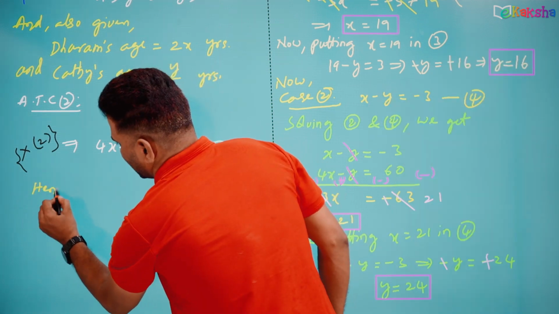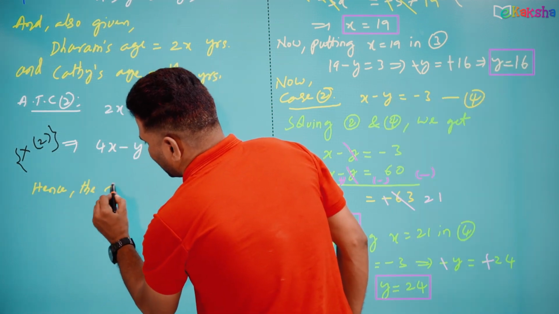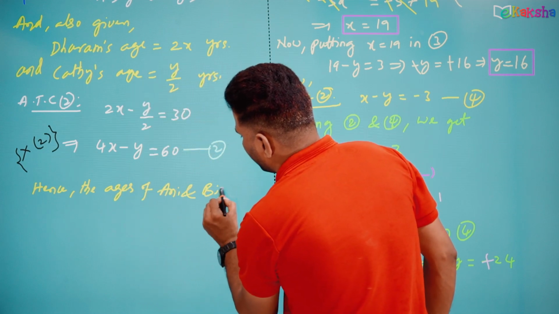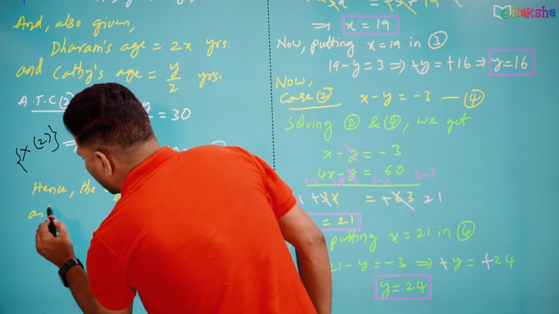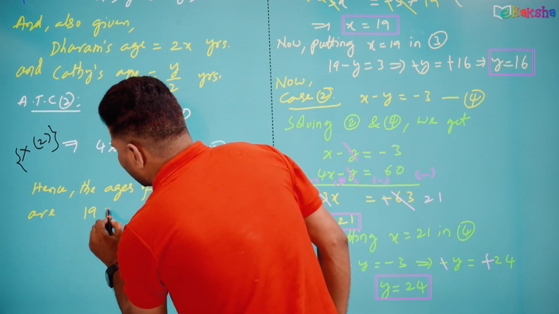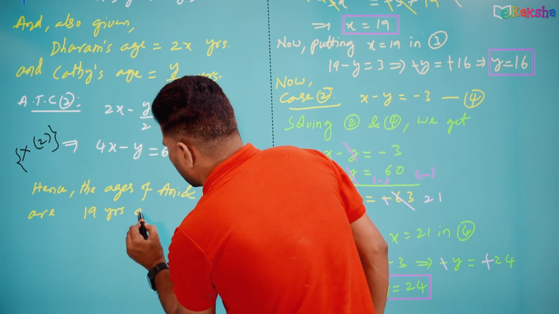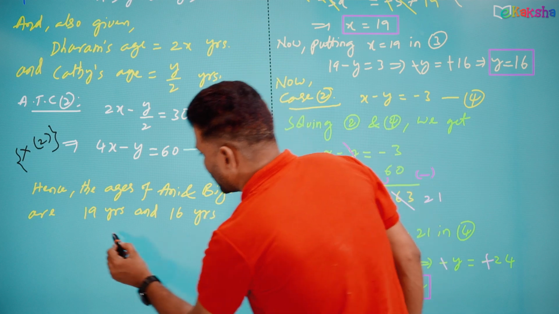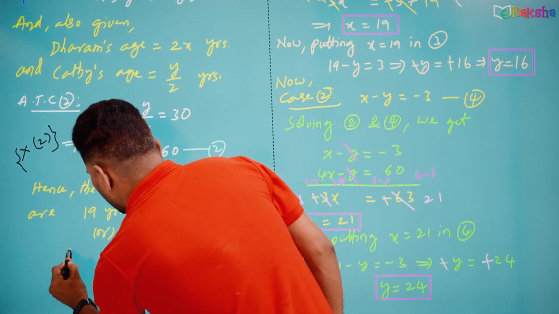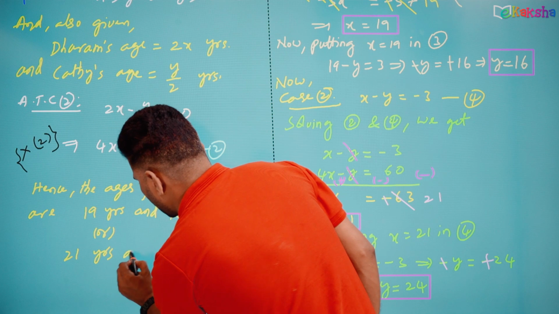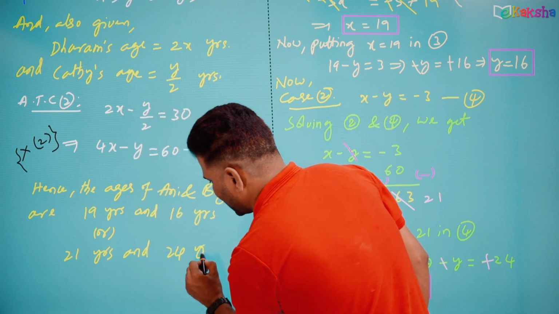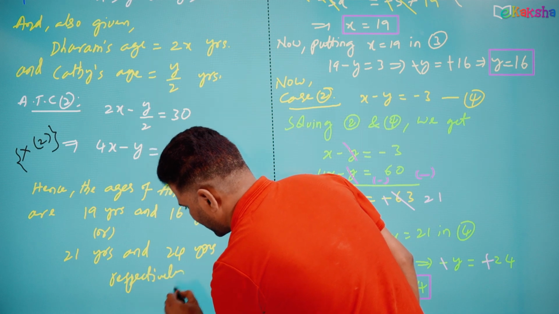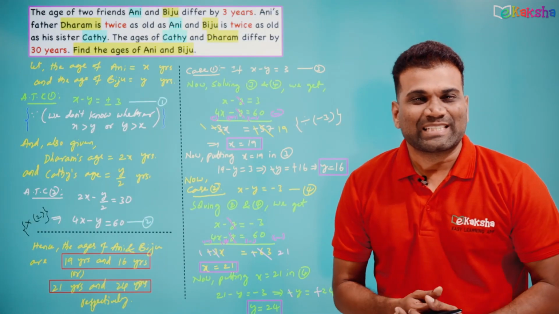Hence the ages of Ani and Biju are 19 years and 16 years, or 21 years and 24 years respectively. Clear? Shall we discuss once again briefly?